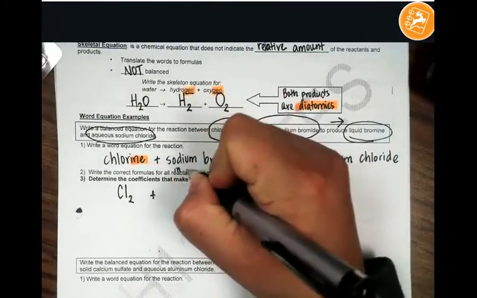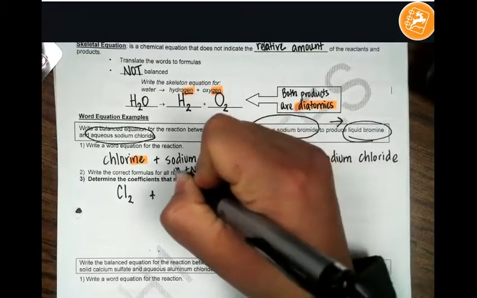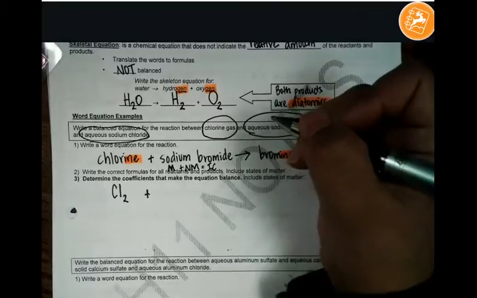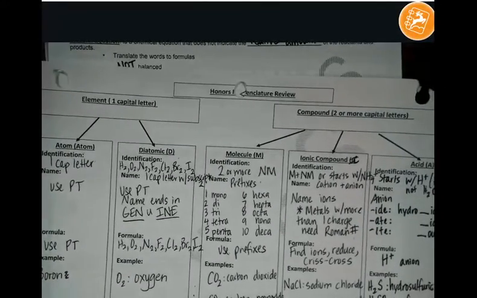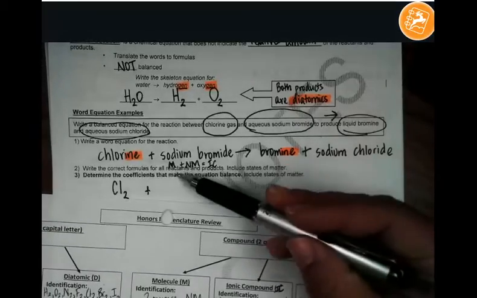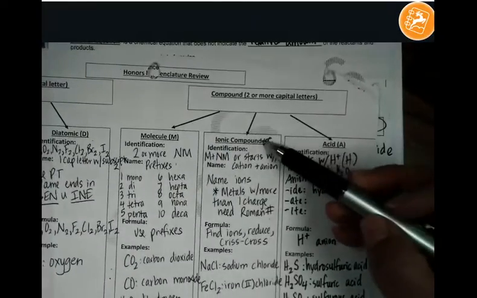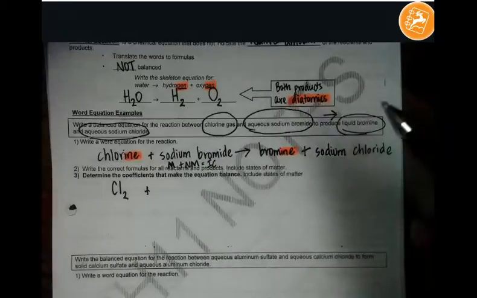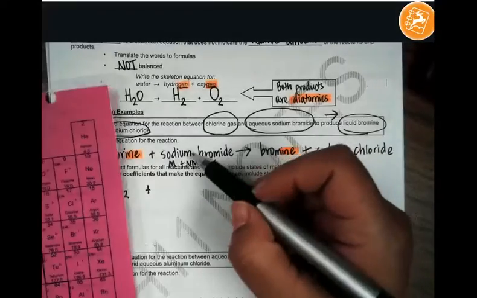So when I have metal plus nonmetal, that's an ionic compound. So I need to have my charges. So here I have my flow chart, right? So I know that I have metal plus nonmetal, which means it's an ionic compound. Metal plus nonmetal, I need the formula, find the ions, reduce, crisscross. So I'm going to do that.